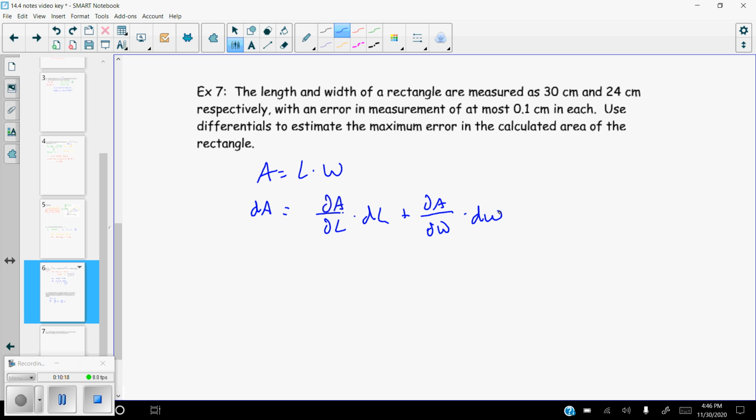times dW. And if I said product rule, I apologize. It's not a product rule at all. It's just the differential formula. But we have the information that we need.